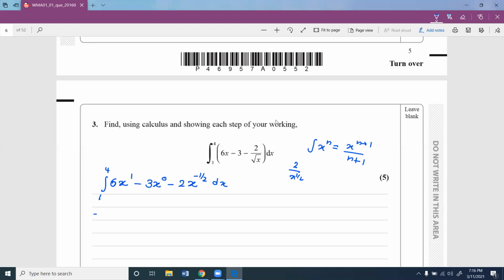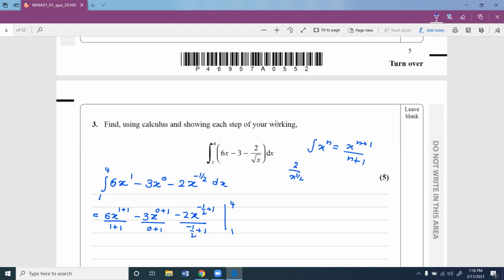That is 6x to the power 1 plus 1 over 1 plus 1, minus 3x to the power 0 plus 1 over 0 plus 1, minus 2x to the power minus half plus 1 over minus half plus 1. No need of writing plus c because it's a definite integration from 1 to 4.